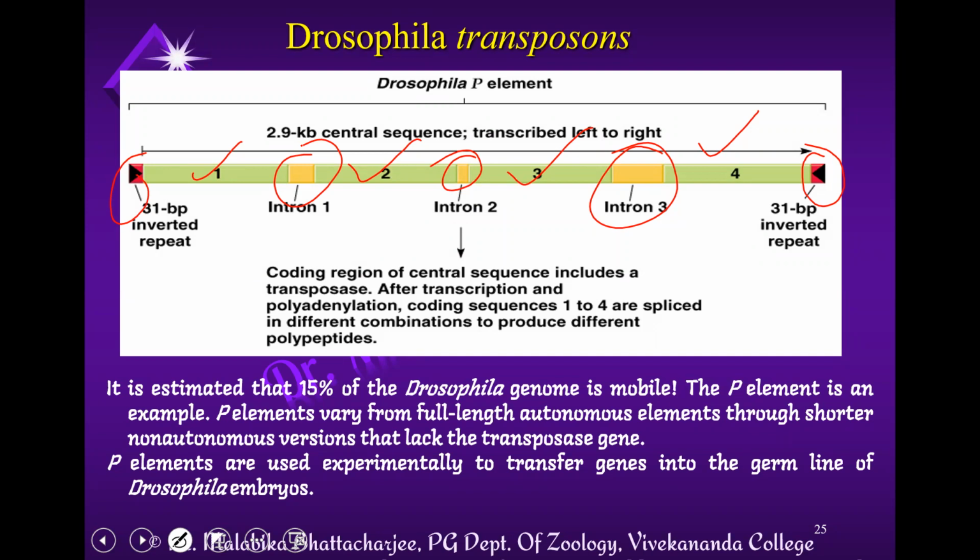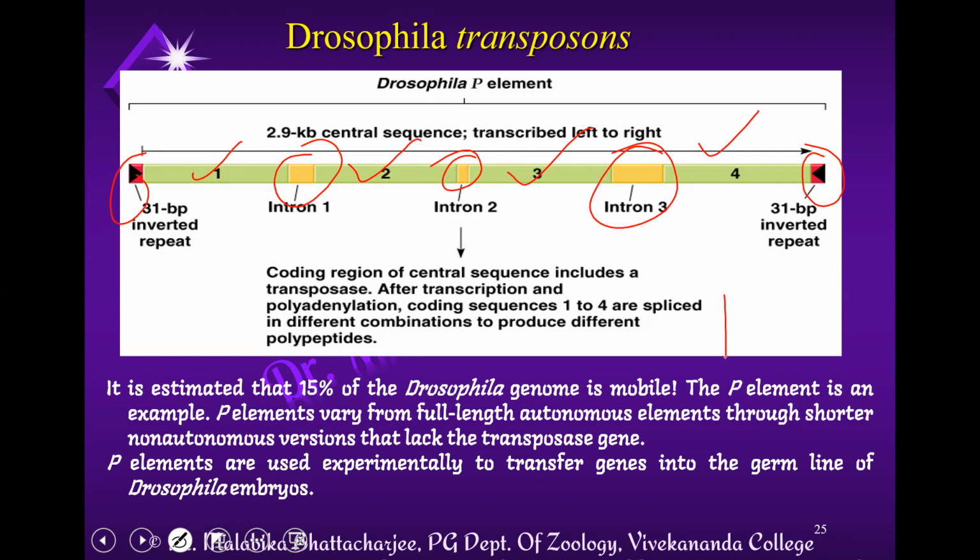Another thing that is important for the P element is that a male fly or a female fly, if they have the P element, it is often seen that there are 30 to 50 copies of the P element present in their system. So it's about 1/3 of the full length of their genome. And as I said, when P element containing flies are mated with non-P element flies, I'll not get into the non-P element right now.